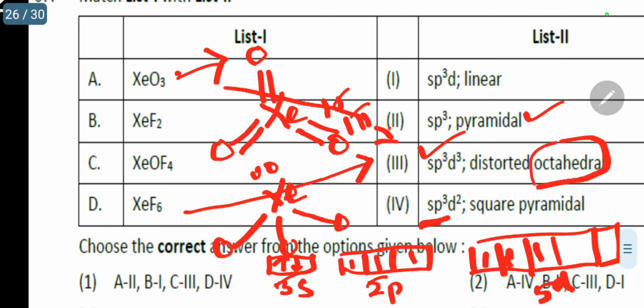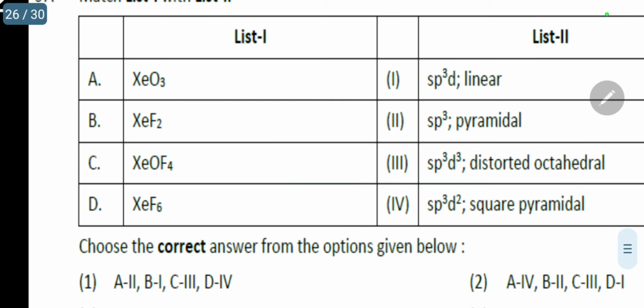The next one, XeF2, is linear, sp3d, only 2 bonds, so it should be linear. So automatically XeOF4 comes for the 4. sp3d2 square pyramidal: 4 sigma bonds in a square and oxygen with a pi bond. What is the shape?